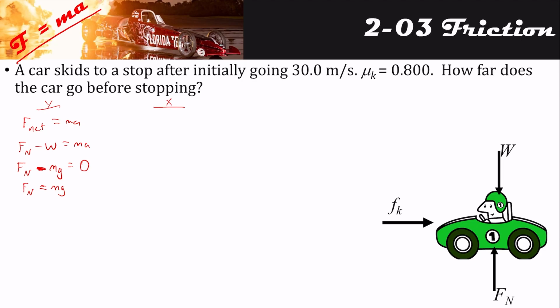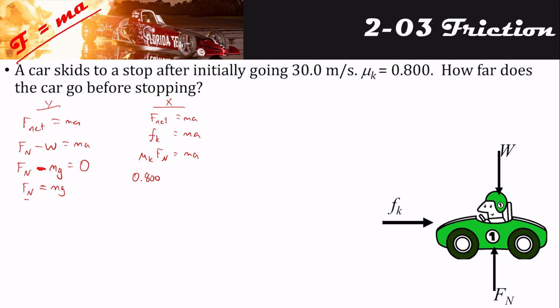Now if we go in the x direction and do net force equals ma, in the x direction, I just have my kinetic frictional force. But kinetic friction force is the coefficient of friction times the normal force. And there is acceleration in the x. It is slowing down. The speed is changing in the x. So we do have the acceleration. The coefficient of friction, it says, is 0.80.